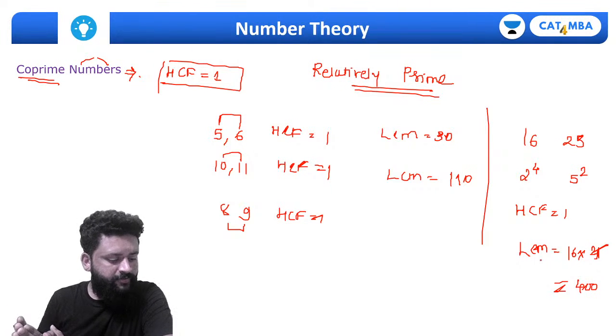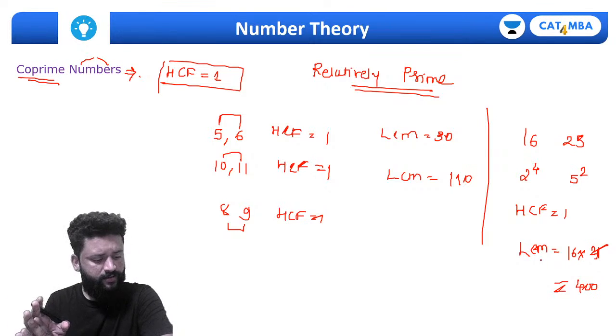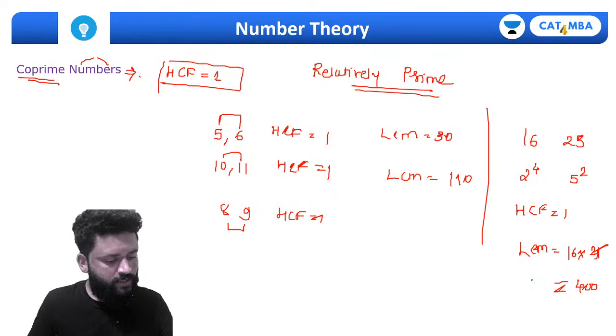What do you mean? The difference between co-prime and prime? Prime you mean to say? What is the difference?